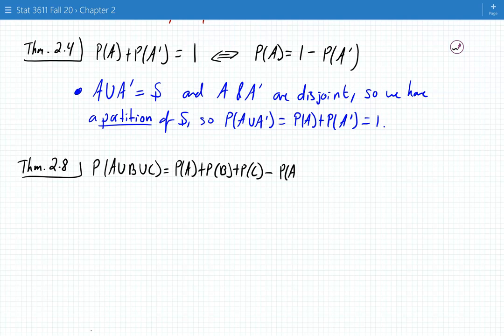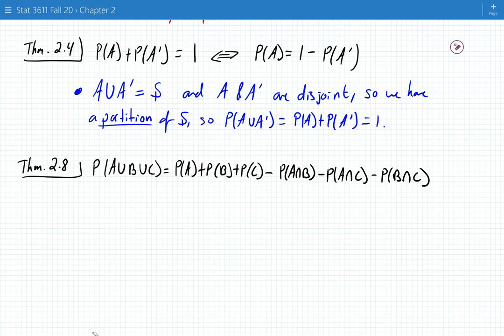We subtract the probability of A intersect B, minus the probability of A intersect C, minus the probability of B intersect C. However, one can see via a Venn diagram of 3 circles. 3 circles is not too bad, right, to do a Venn diagram on. Right, there's your typical 3-circle region.